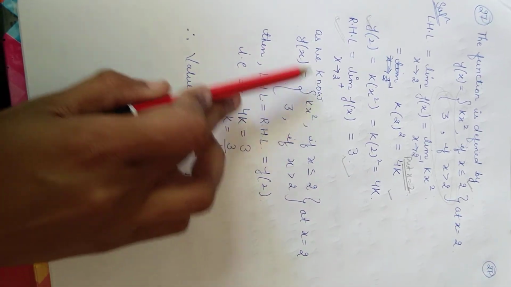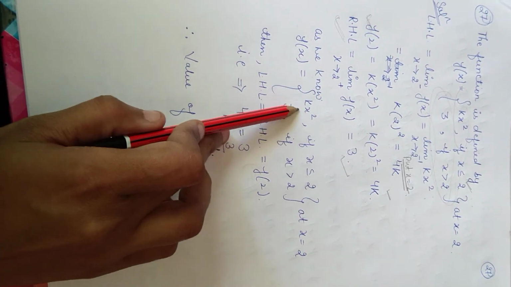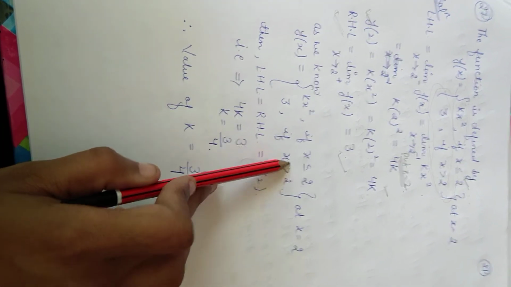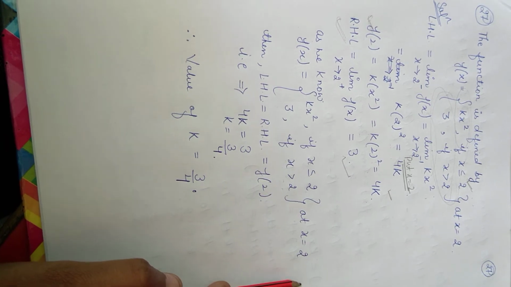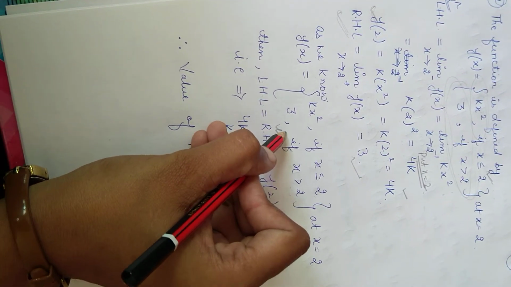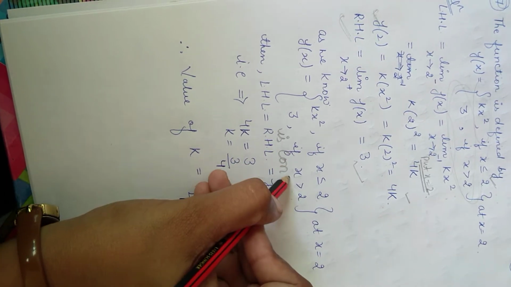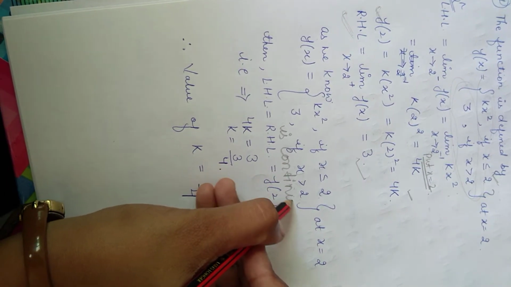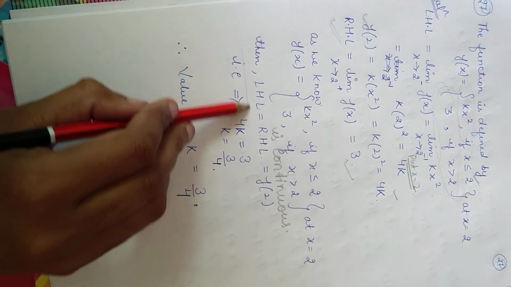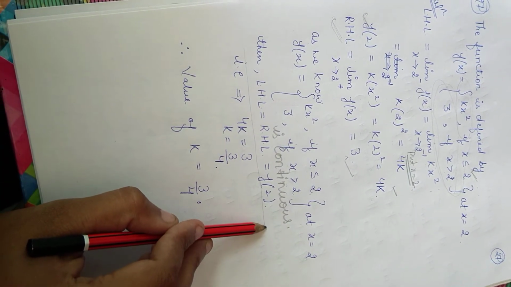As we know, f(x) is equal to kx square if x is less than or equal to 2 and 3 if x is greater than 2, and at x equals 2 it is continuous. What do we know? We know that it is continuous. Then we can write LHL is equal to RHL is equal to f of 2.